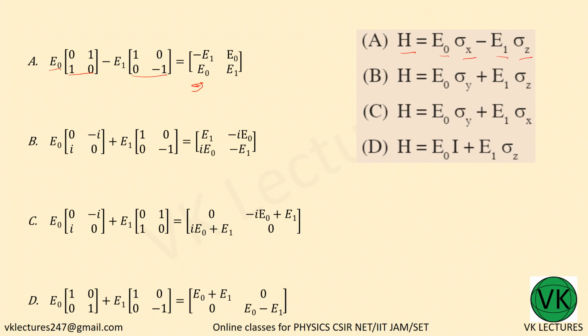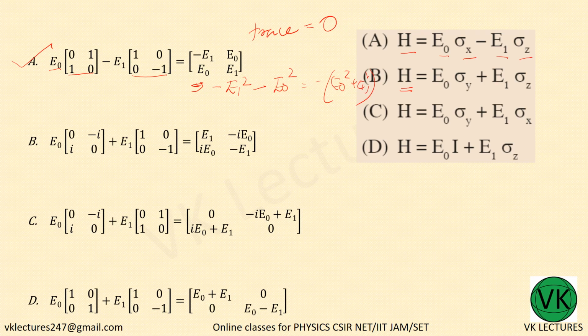Determinant equal to minus E1 squared minus E naught squared, which is equal to minus of E naught squared plus E1 squared. So this is true, and let us check what the trace is equal to. Trace of this matrix is equal to minus E1 plus E1, that is equal to 0. Okay, so option A is correct.